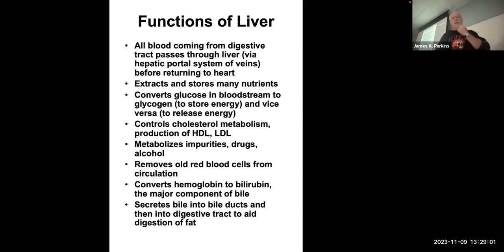And that blood has to pass through the liver and essentially be filtered by the liver before it returns to the heart. So that means that all of the nutrients that are absorbed by your small and large intestines go to the liver first before they go anywhere else in the body.